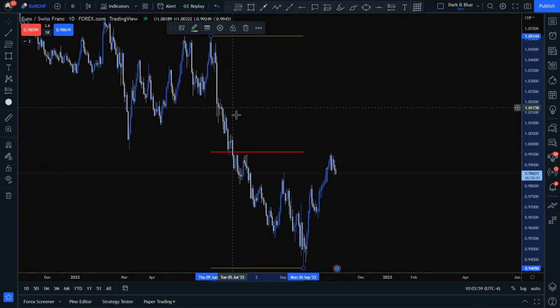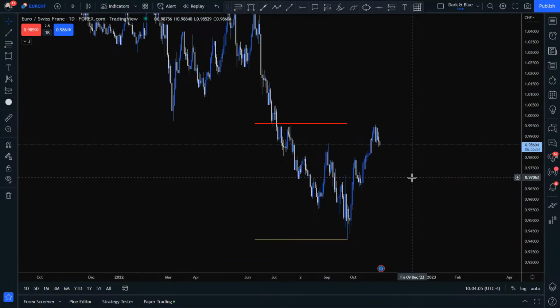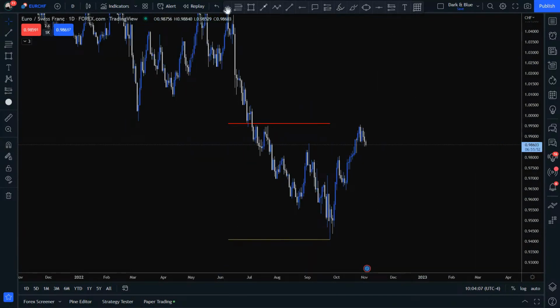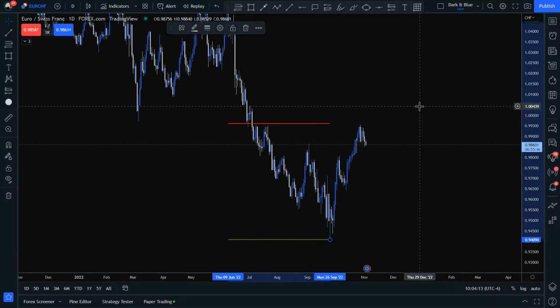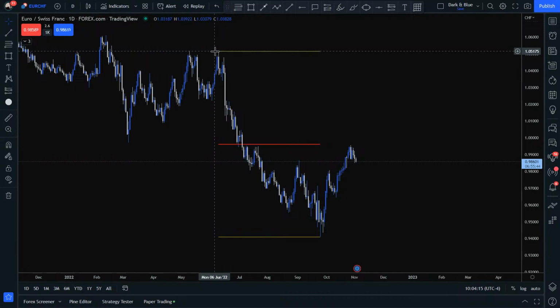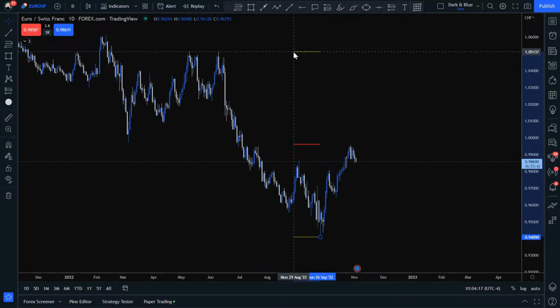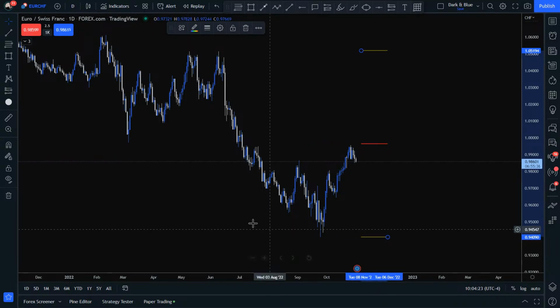This impulsive leg needs to be corrected. Now, that's the swing structure. Got it? So far. Let me shorten this up a little bit. Boom. And we can move this over here to the side. That's the swing structure.